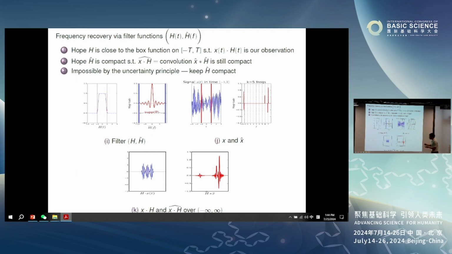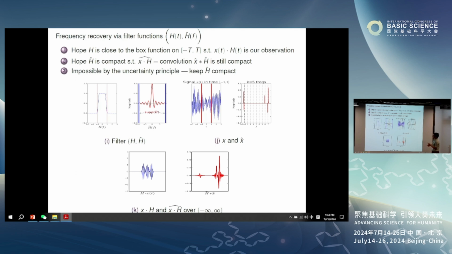And then what I also want is for the Fourier transform to be compact, such that if I look at the Fourier transform of this function times the box function, this is equivalent to the convolution of x hat with h hat. So I want this to be compact.